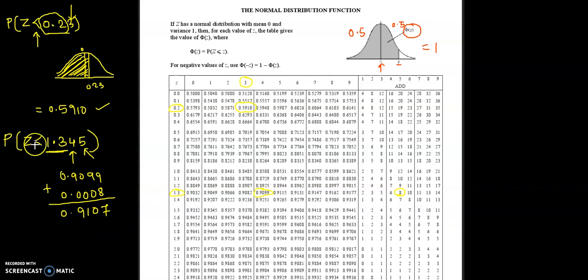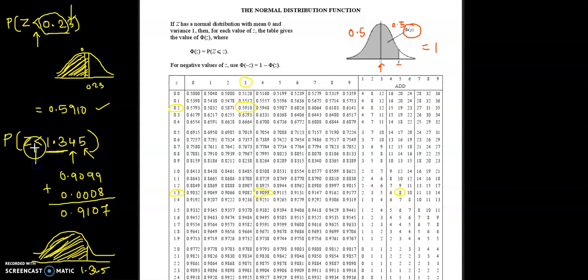For probability z less than 1.345, my answer is 0.9107. If I share this and see, 1.3 is somewhere here. So what is it less than 1.345? It is almost 0.9107. That is, 91% of the area is covered till 1.345.